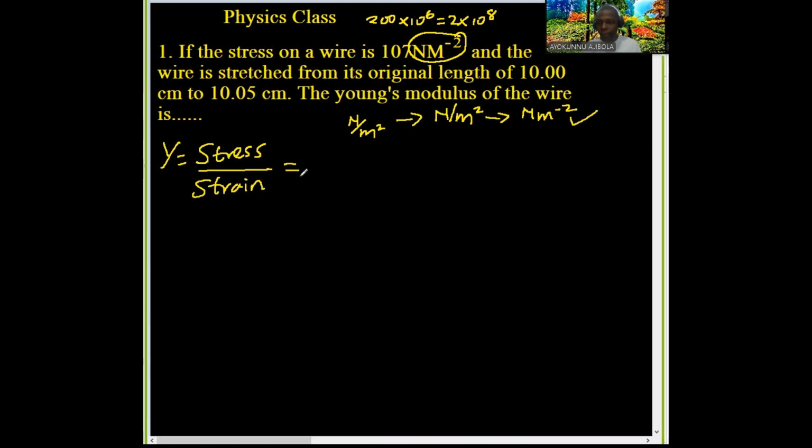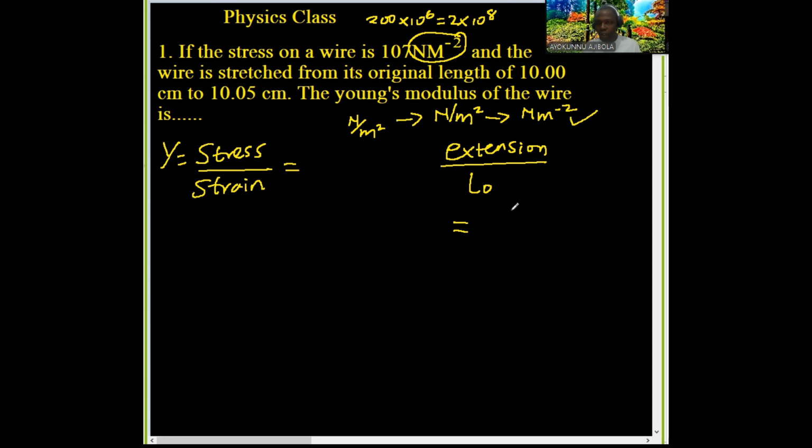So the strain itself is extension over original length. To get our strain, we need to get the extension.